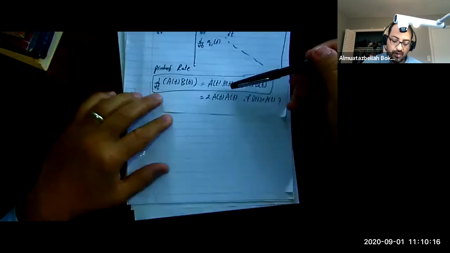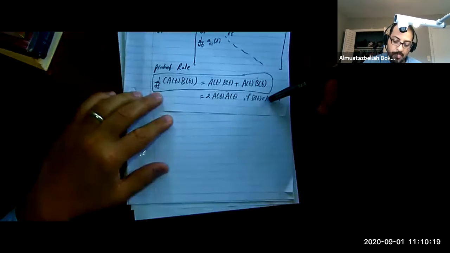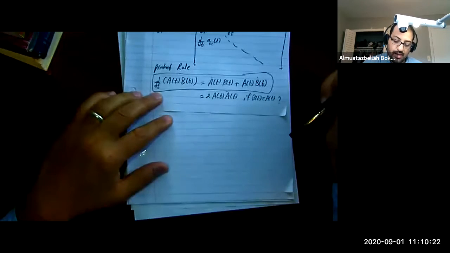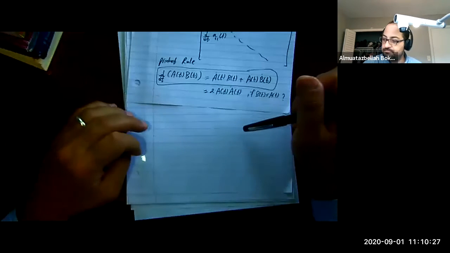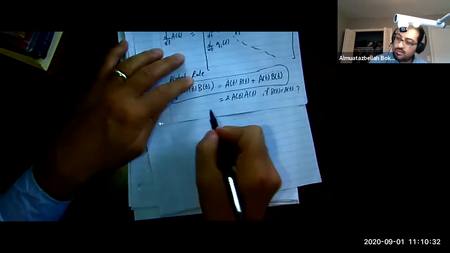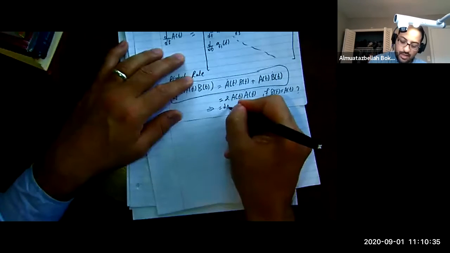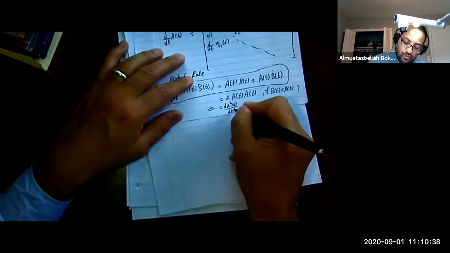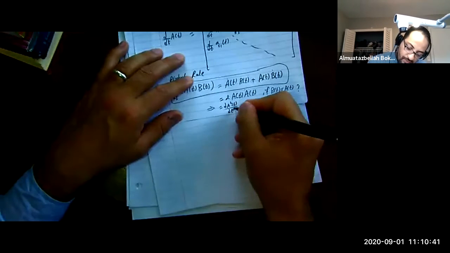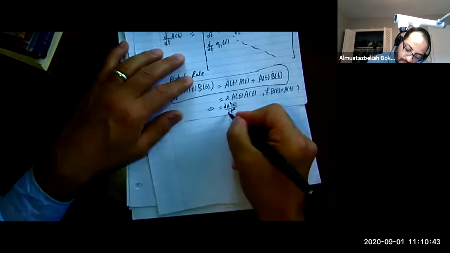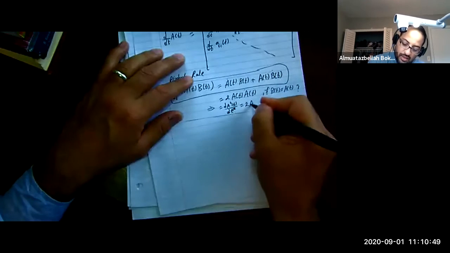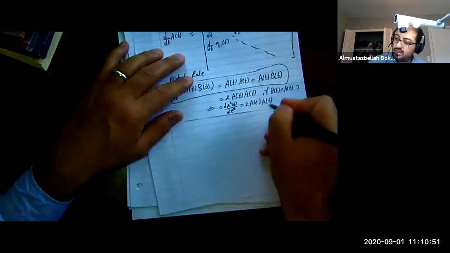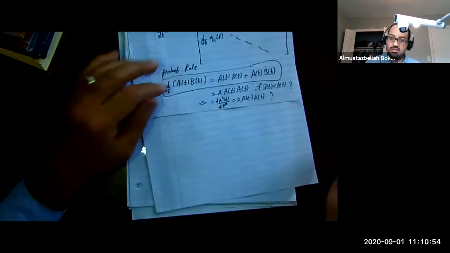If B of t is equal to A of t, then can I say that this is equal to 2A dot, which also leads to d A squared of t over dt is equal to 2A of t A dot of t. Is that possible?